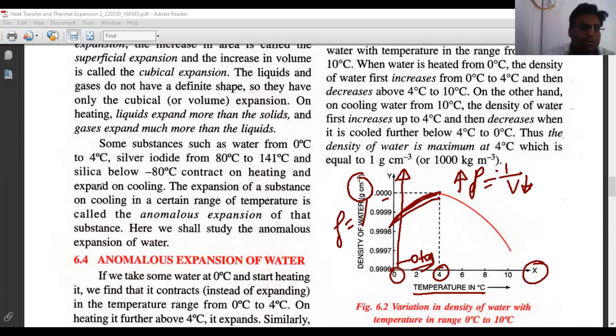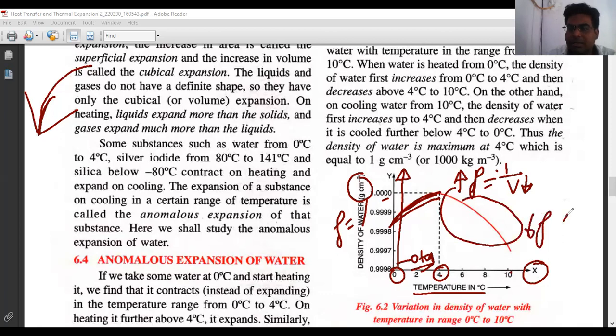And when it starts falling from 4 degrees Celsius to 10 degrees Celsius, you can see this is another part. Density is decreasing here because volume is increasing as we increase the temperature from 0 to 10 degrees Celsius. Have you understood?